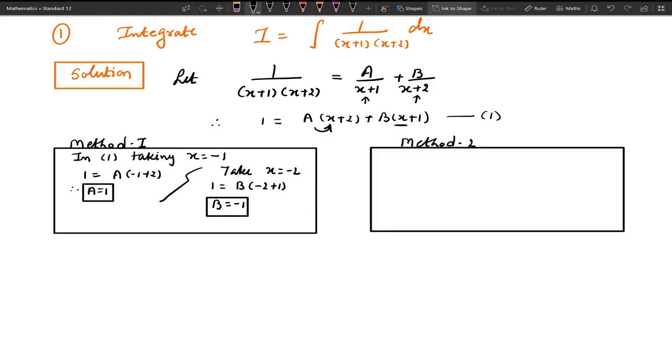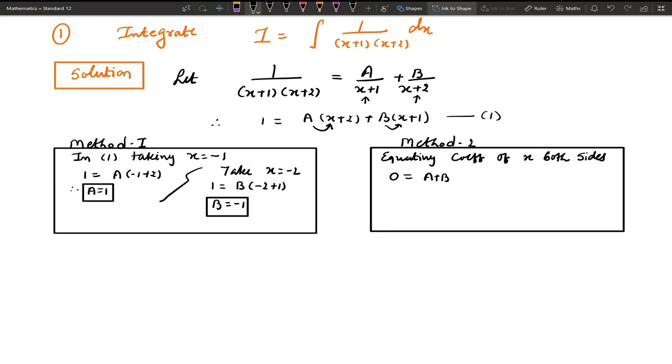In the second method, equation 1 is an identity. So we equate the coefficient of x both sides. When we compare the coefficient of x both sides, the left hand side has no term containing x, so the coefficient is 0, and on the right a into x, b into x, so a plus b equal to 0.